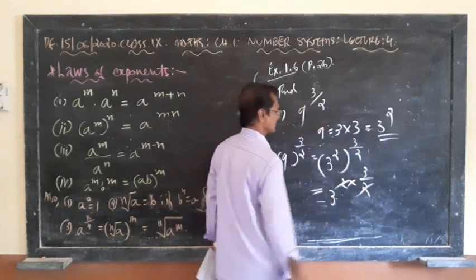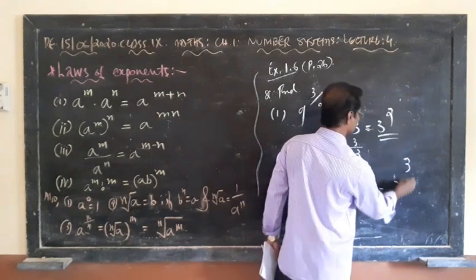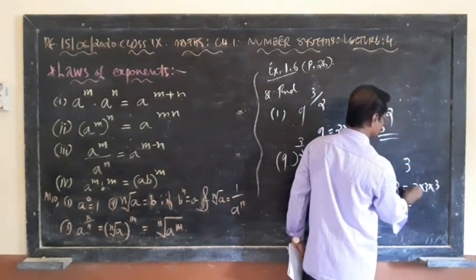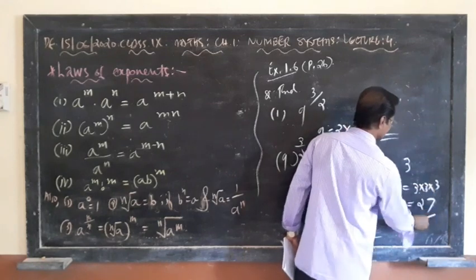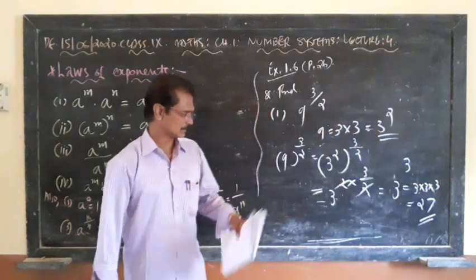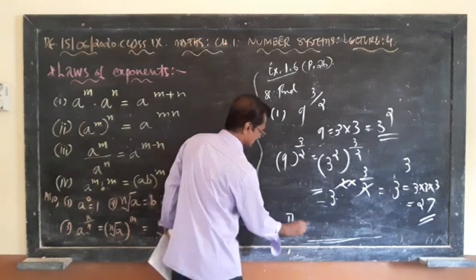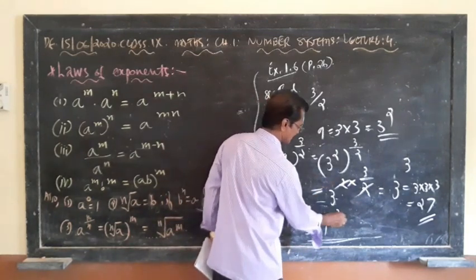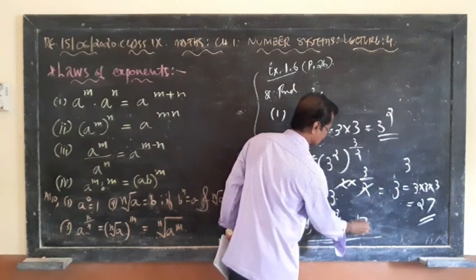That 2 cancels, equal to 3 raised to 3, that is 3 into 3 into 3. 3 3s are 9, 9 3s are 27. So the final answer: 9 raised to 3 by 2 equals 27.